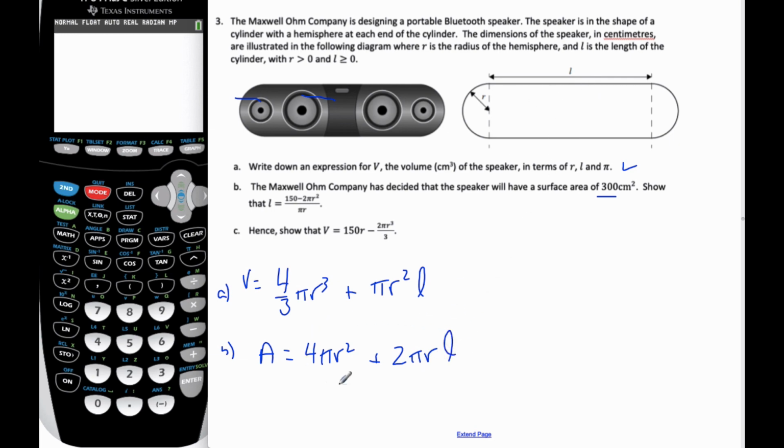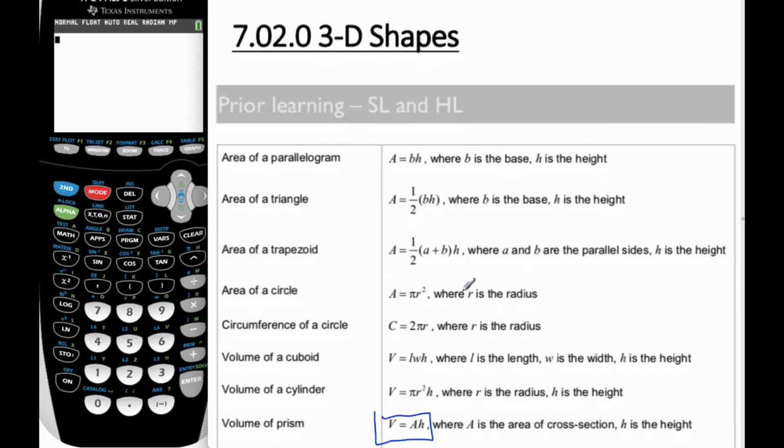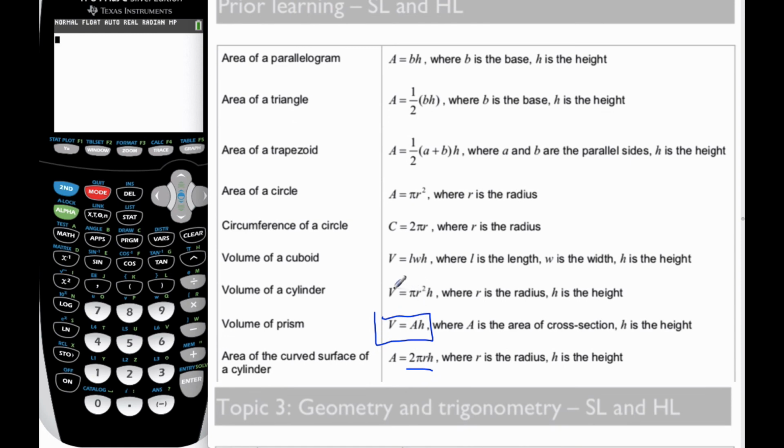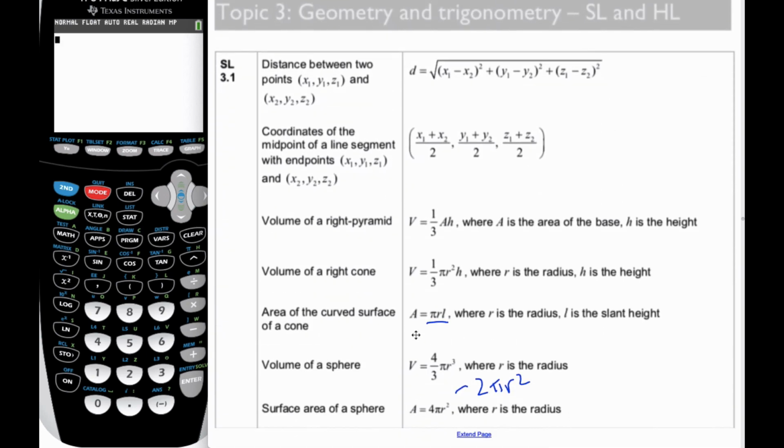This is also from our formula booklet, and I can show you here where we can see that. Here is the volume of our cylinder, here is the curved surface of the cylinder, and then for our sphere, here's the volume and here's the surface area.